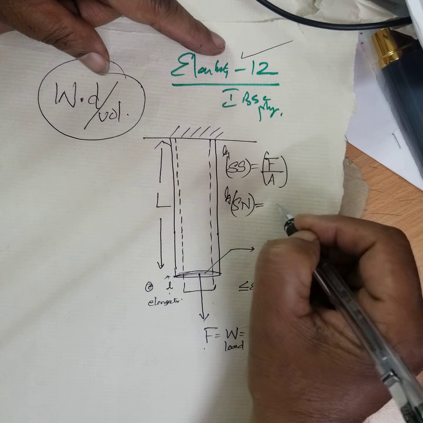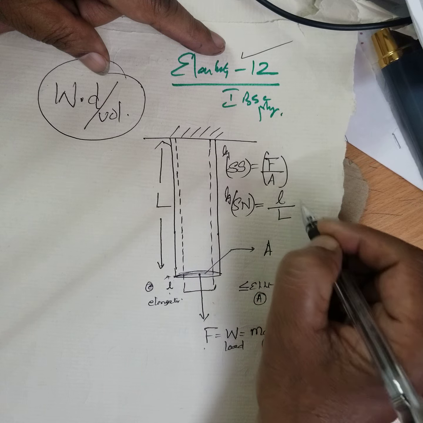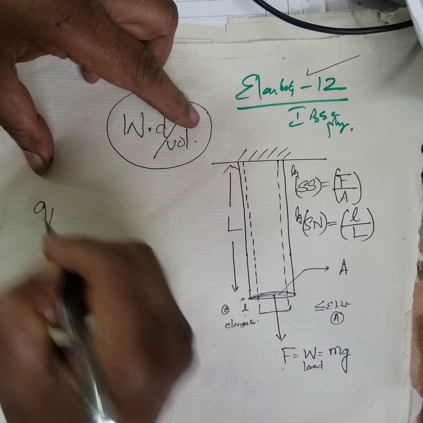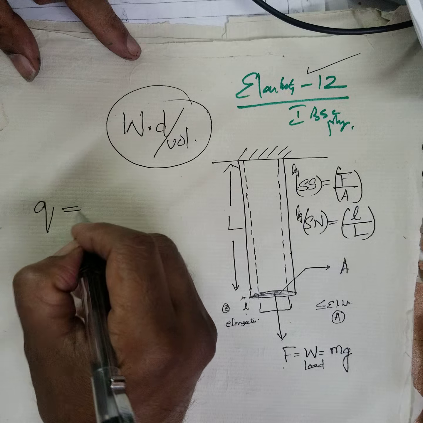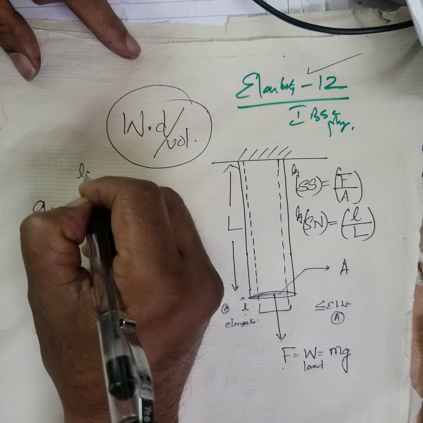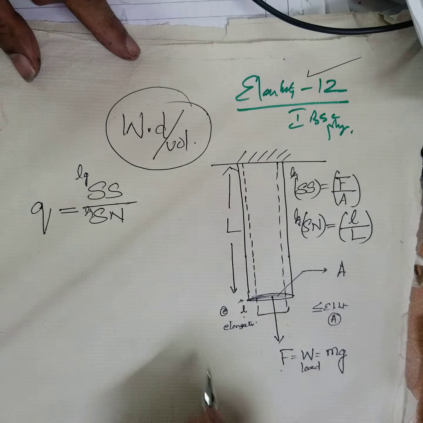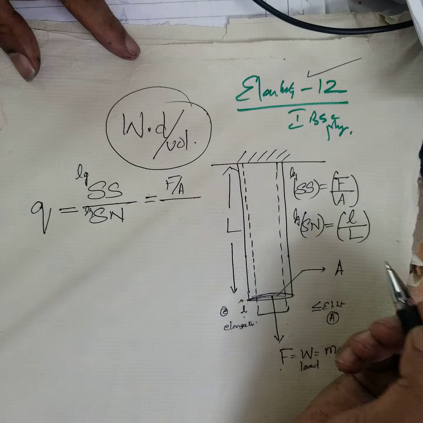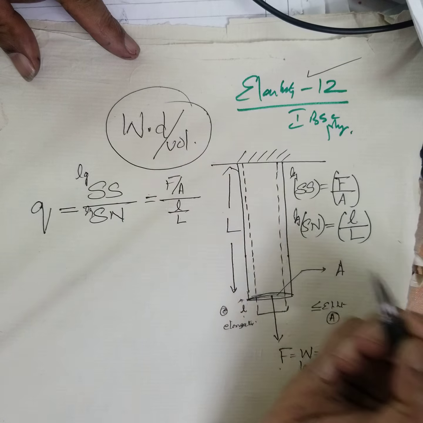Longitudinal strain is increase in length by original length. According to Young's modulus, Q is equal to longitudinal stress by longitudinal strain. Stress is force per unit area, strain is increase in length by original length.